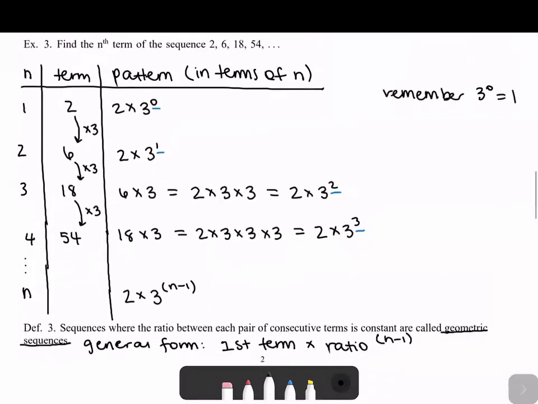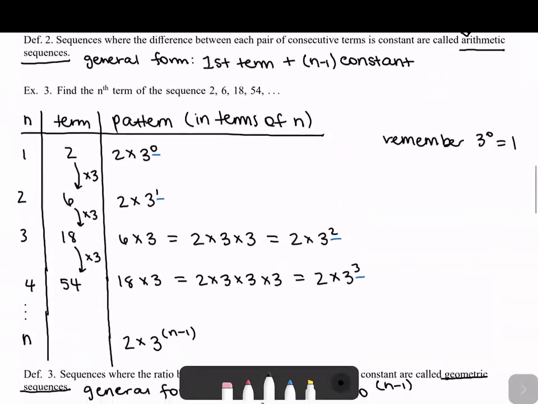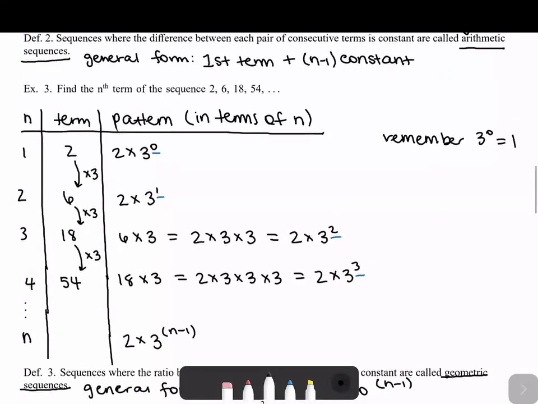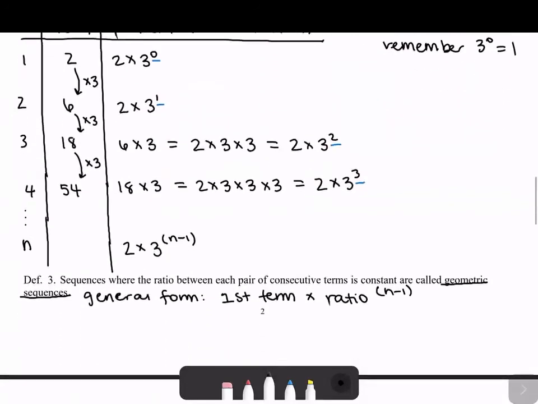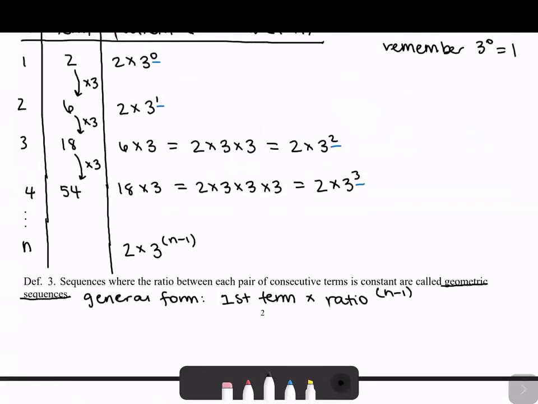So it's really similar to our arithmetic, right? That one had a general form where we did the first term plus our constant, which we could also call our adding ratio. And then here in the geometric sequence we multiply, and instead we raise the ratio to a power. So these are our first two types of sequences, arithmetic and geometric.